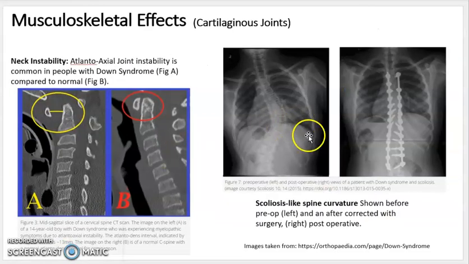Well, over here, I have a picture of a child born with Down syndrome that has scoliosis. And over here, I have a picture of after surgery. See all that metal that straightens out the spine.